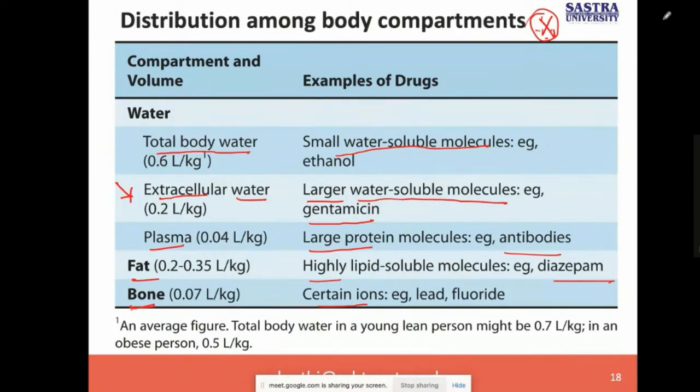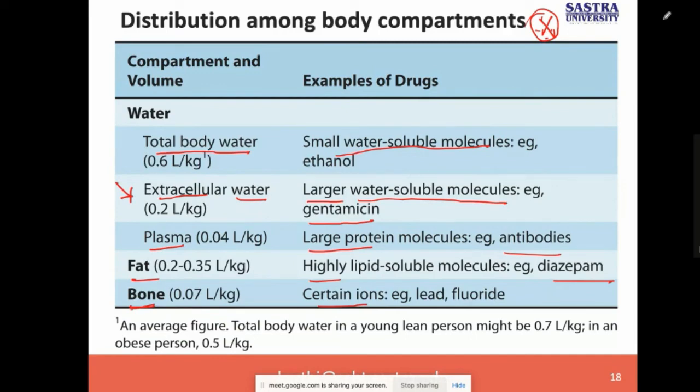There are different routes for the drug molecule to enter. They can use the ion channels. Small molecules will access them. During the process of that entry, since these molecules are very small, they can also enter into the cell.